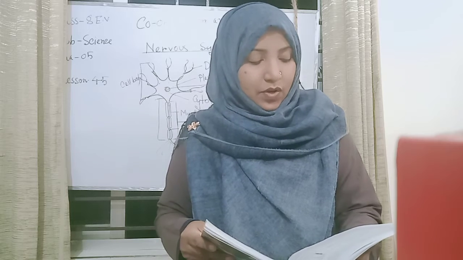Now, the parts of the nerve cell. There are two parts: first the processes and second the cell body. My dear students, next I will explain the processes. The branched tree-like structures that extend from the cell body are called processes. The processes are of two types, the axon and the dendron.